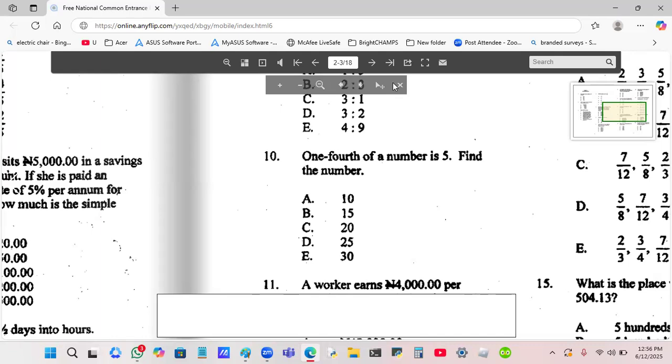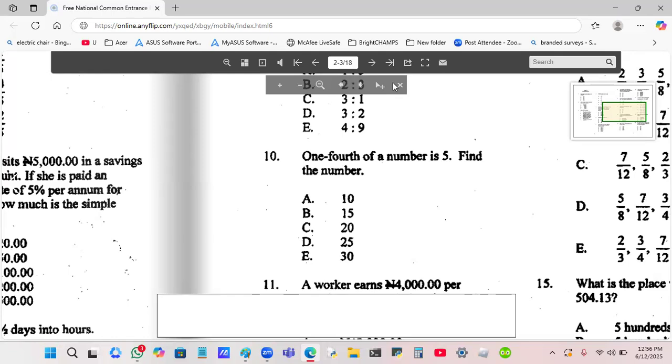Because they just said 4. Who said there's 5 on the other side? Why didn't you say multiply both sides by 5? Because the 5 is not the denominator of n over 4.